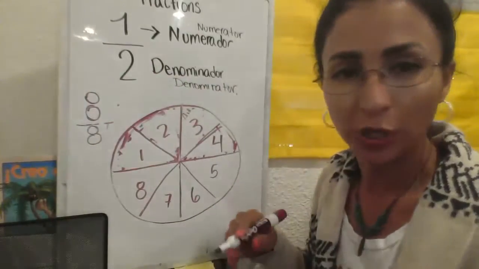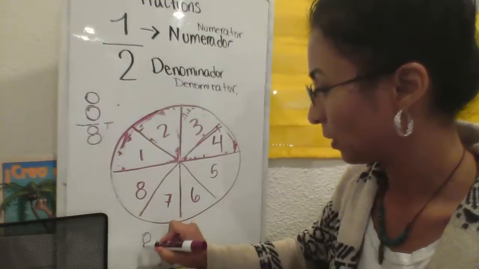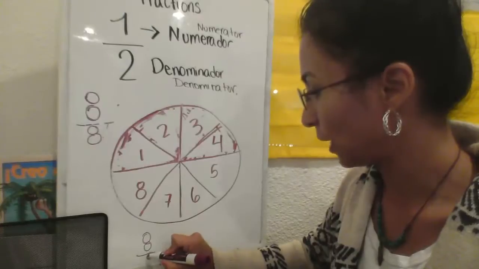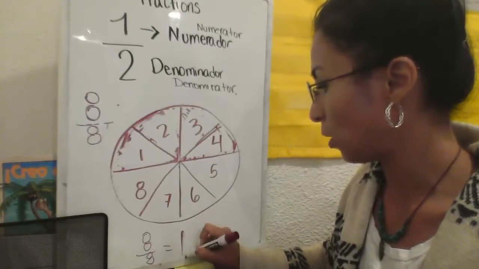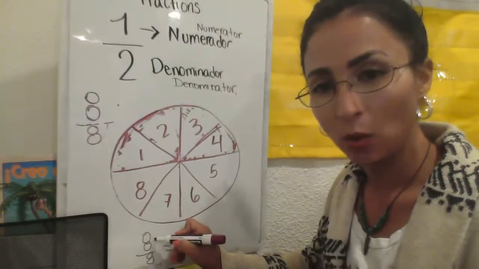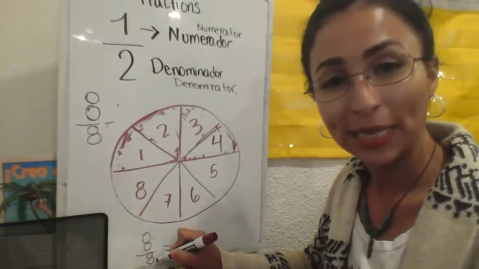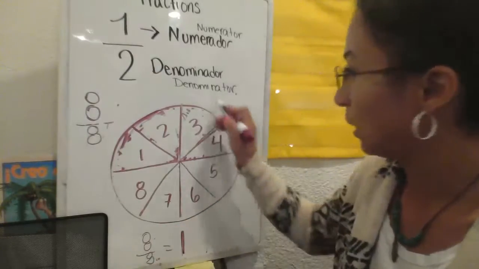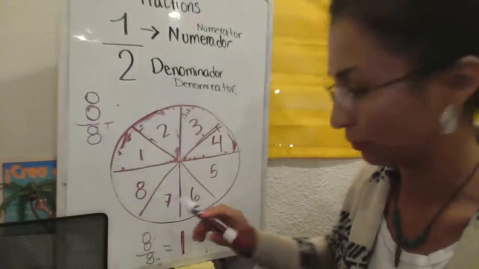And 8 over 8 is always going to give you a whole, right? 8 over 8 is going to be equal to 1 whole pizza. Why? Because I need all 8 pieces out of all 8 equal parts to be 1 whole pizza or 1 whole circle.